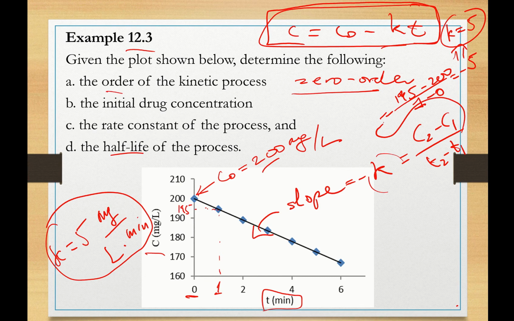Okay, so now that I have K, I can determine the T half. I have an equation, right? So T half is equal to C0 over 2K, which is equal to 200 milligrams per liter over 2 times 5 milligrams per liter per minute.